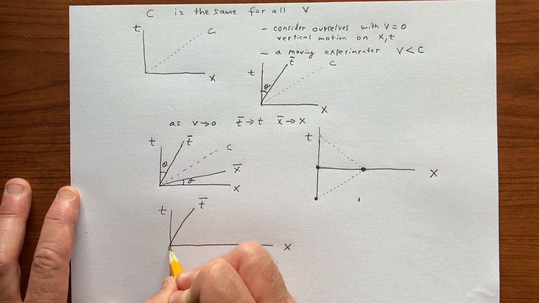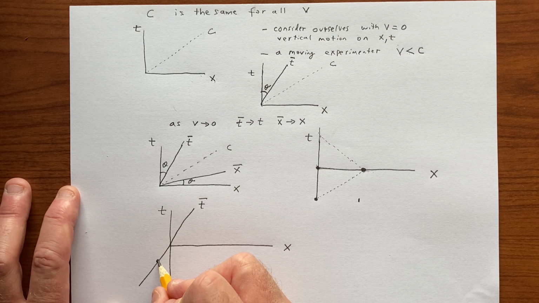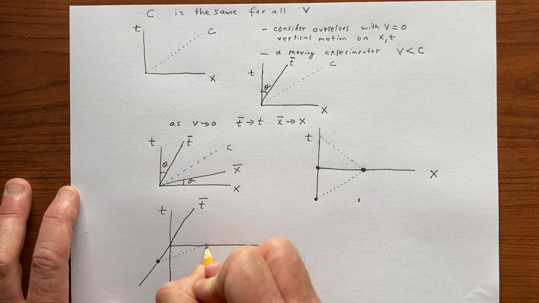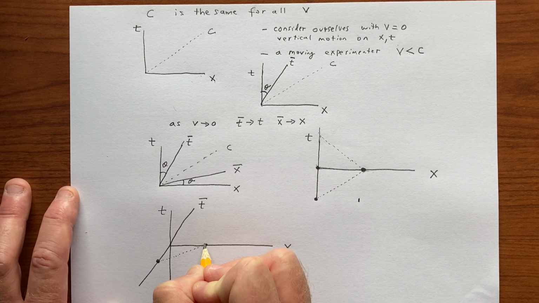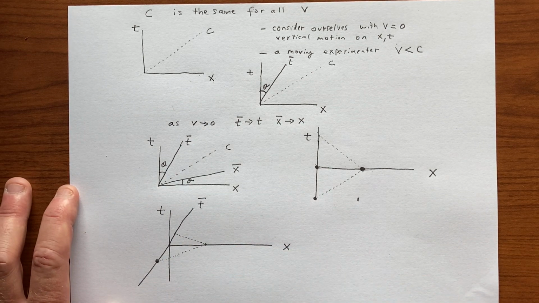If I take that axis and move that down there, then here is an earlier moment in time compared to t bar equals 0, where we launch a particle of light, and this particle of light travels at 45 degrees, hits a mirror here, and then travels back 45 degrees along here.